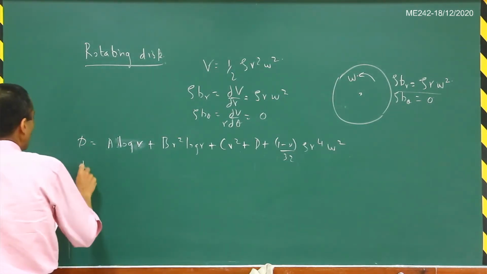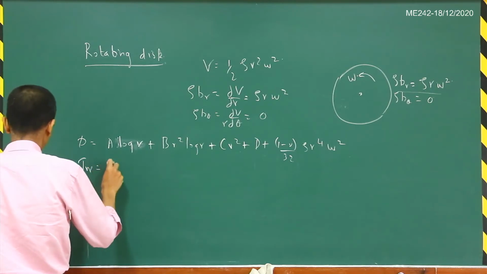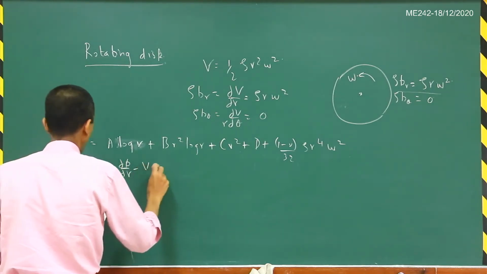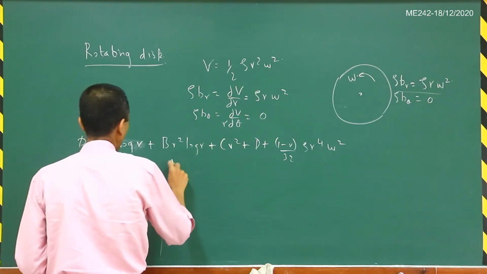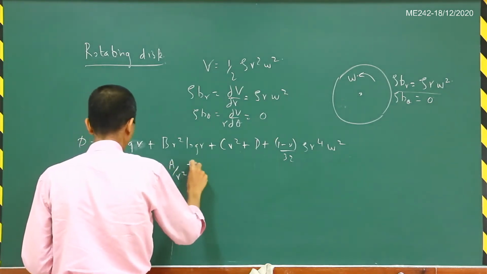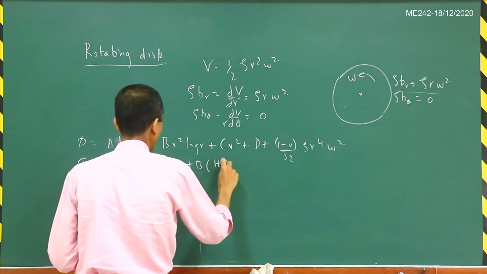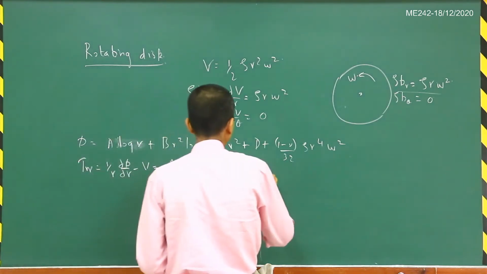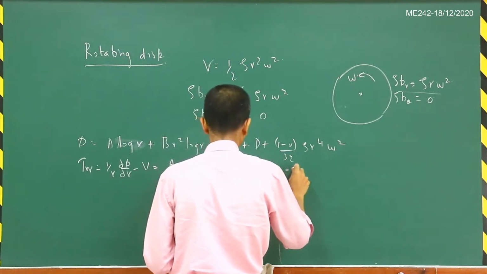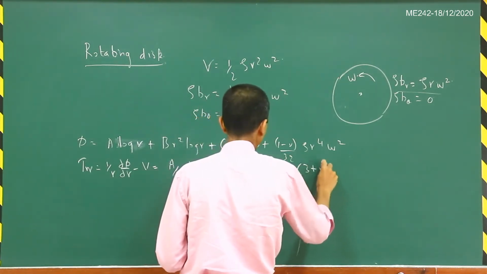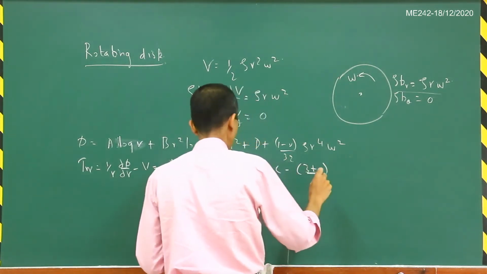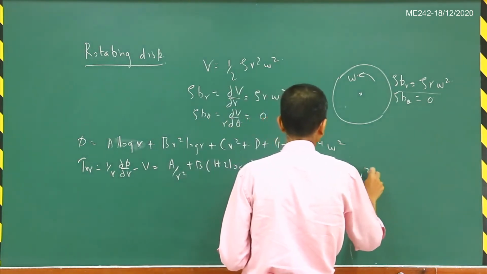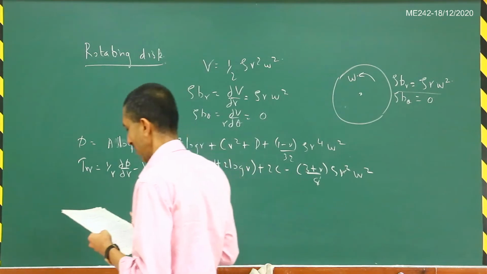You will get that tau_rr is equal to 1 by r del phi by del r minus V, and that is equal to A by r squared plus B times (1 plus 2 log r) plus 2C minus (3 plus nu) divided by 8 rho r squared omega squared. So this is the tau_rr component.